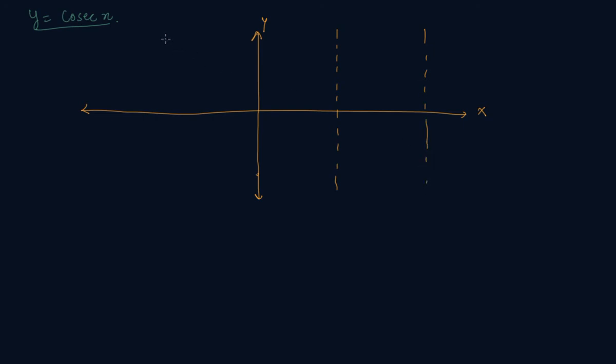Now I will discuss y equal to cosecant of x. This is the x-axis, this is the y-axis, and let me draw. The graph will look like this.